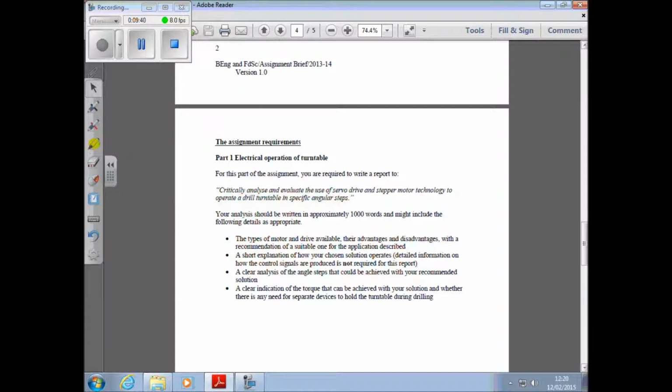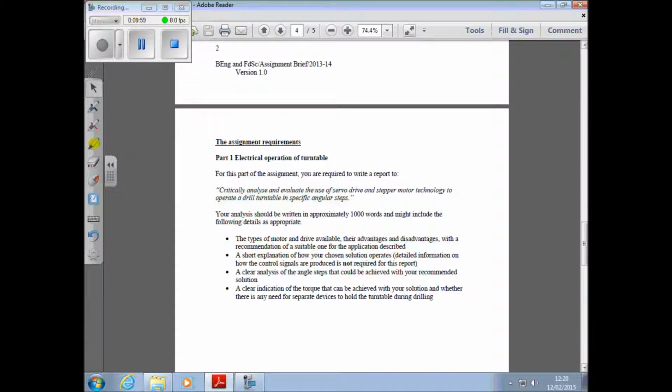So, in about 1,000 words, you might include the following details as you feel appropriate. Types of motor and drive available, what their advantages and disadvantages are, with a recommendation of a suitable one for the application described.